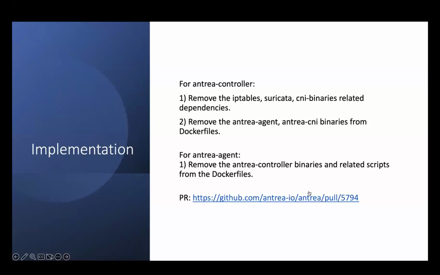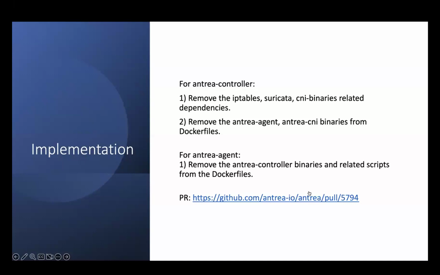But now the question was: for the Antrea controller, all these things like iptables, Suricata, OVS, and the other CNI binaries are not required. Also, when we were building the final antrea/antrea-ubuntu image, we were building all the binaries like make antrea-agent, antrea-controller, antrea-cni.